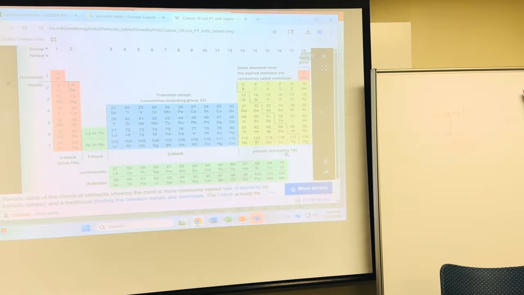So some of the examples of the elements right here, let me just read it for you. You have your hydrogen, helium, lithium, beryllium, boron, carbon, nitrogen, oxygen, fluorine, neon, sodium, magnesium, scandium, titanium, vanadium, chromium, manganese, iron, cobalt, nickel, copper, zinc, then aluminium, silicon, phosphorus, sulfur, chlorine, argon, krypton, xenon, radon.